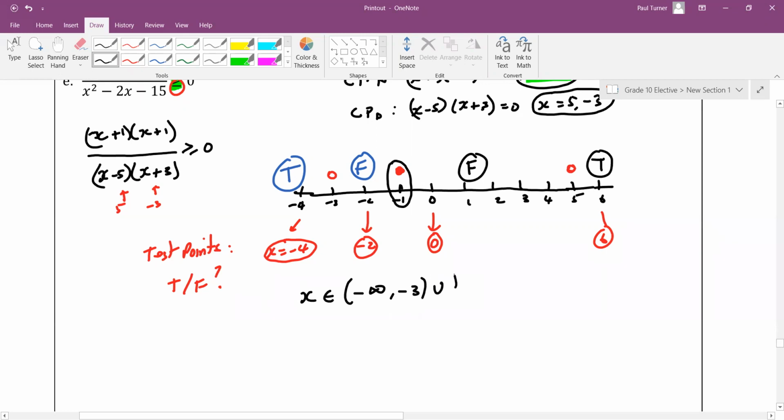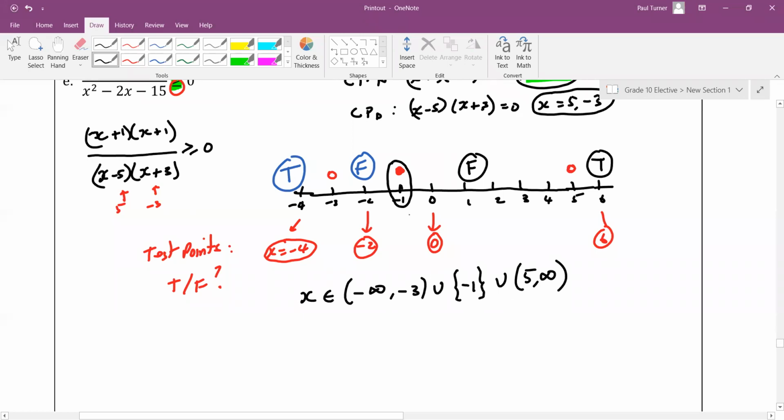So we actually put that into a different bracket like this. It's only one element. You could use a square bracket, but when I double checked on the internet and did a bit of research, they write that in set form like that. Union from 5 to infinity, like that.